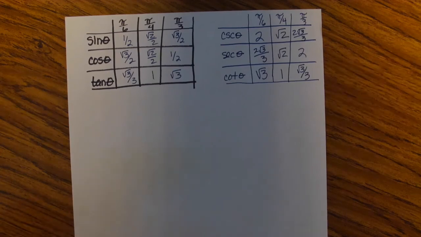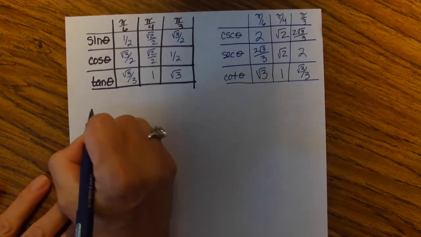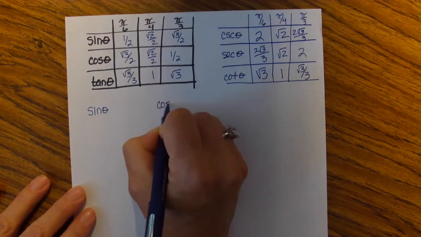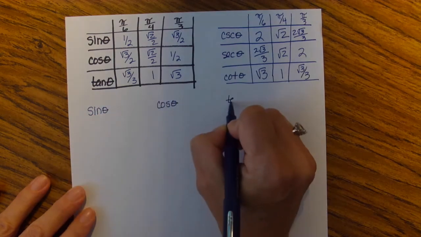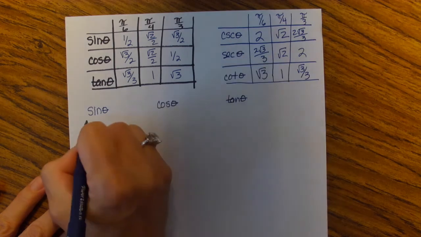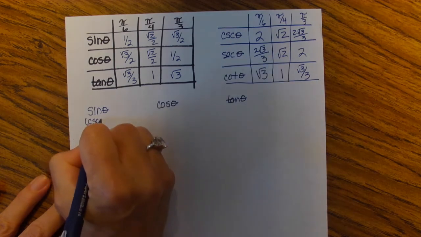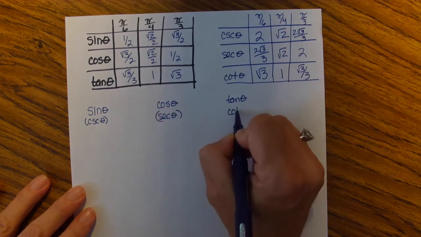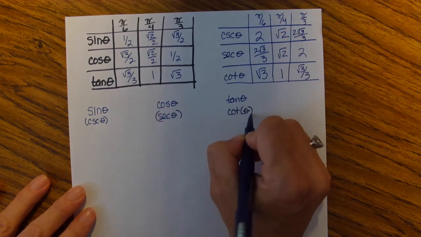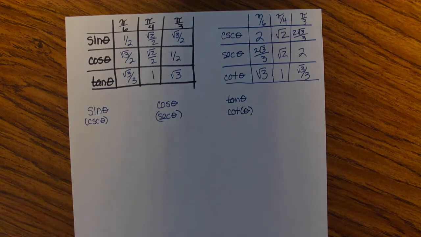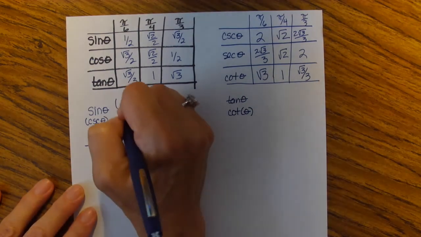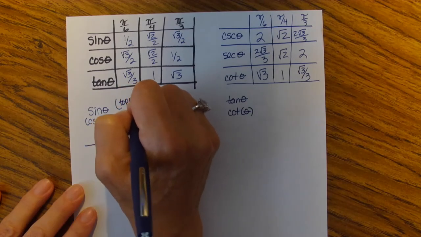We also should write down who's positive where. So we have sine, we have cosine, we have tangent. And the co-functions would have the same signs. Remember, when we flip, we don't change the sign. So they're going to match up. What are you thinking of for sine? Yes, you think top or bottom.